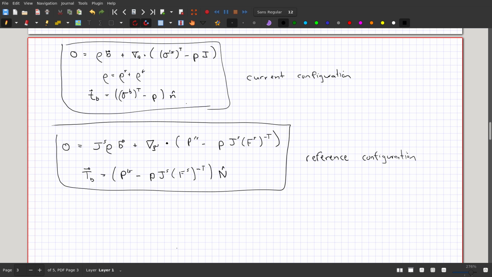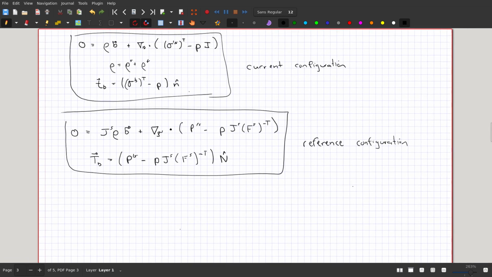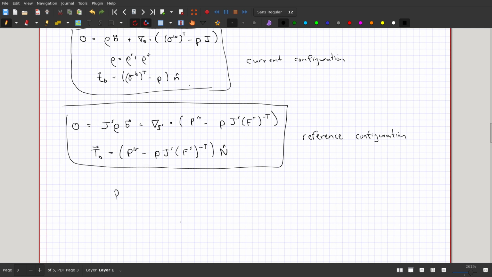All right. Now, if you recall, our definition of P prime of S was rho 0 of S partial E, where E is a function of the deformation gradient of S and the local density of S with respect to Fs, right?